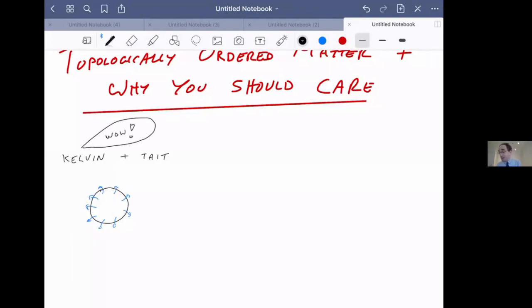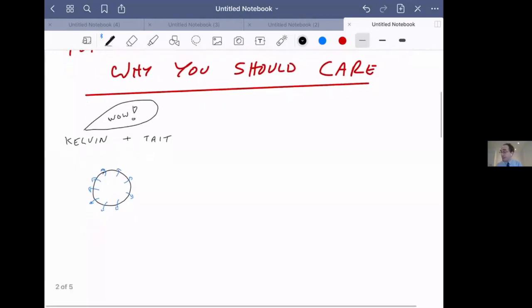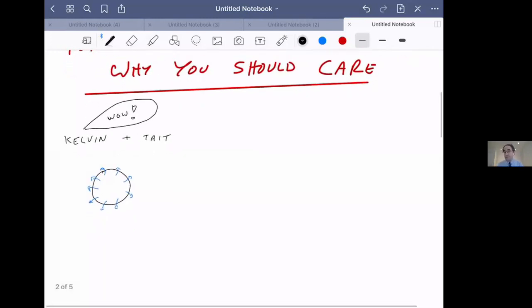The first epiphany is something that we still teach in undergraduate physics and undergraduate fluid dynamics. It sometimes goes by the name of the circulation theorem, Kelvin's circulation theorem.